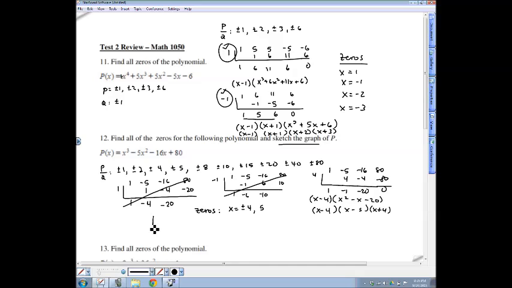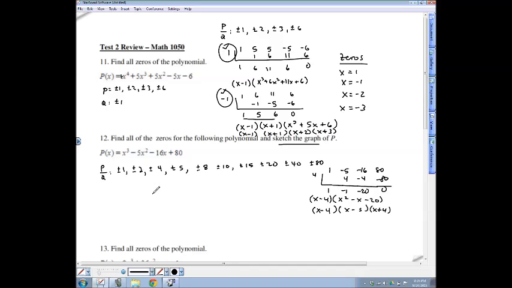Now I want a graph. Let's see. I'm labeling these axes now, and I'm going to label the x and y slightly differently because we have a y-intercept of 80.